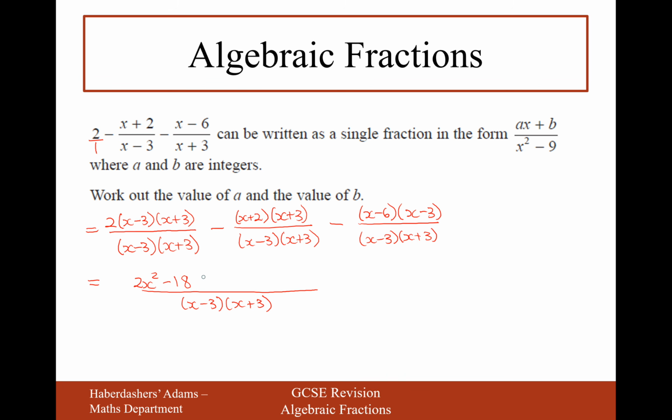On the next one, it's going to be subtract all of this next fraction here, so we subtract x squared. When we expand the brackets here, we get 2x and 3x, that'll be 5x, so that'll be subtract 5x. And 2 times 3 is 6, but subtracted, minus 6. I'm running out of space already here.